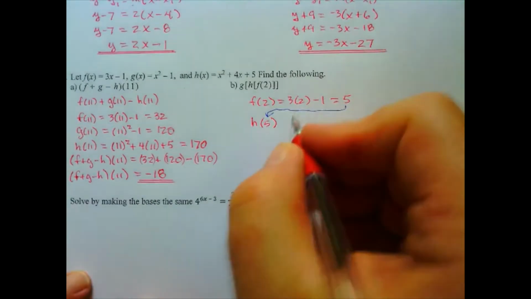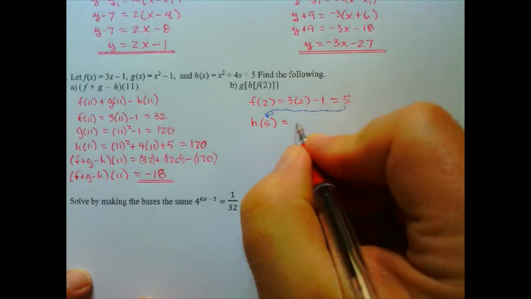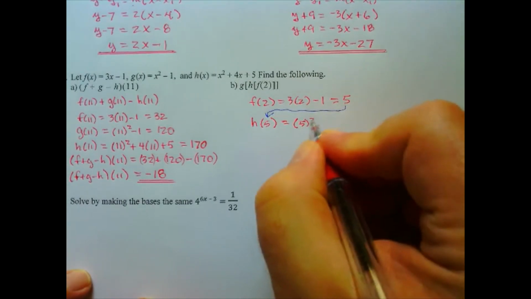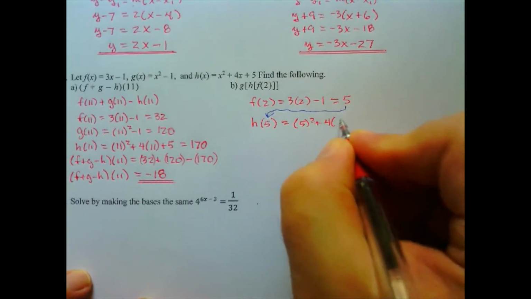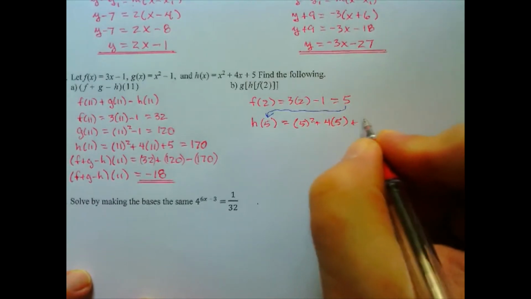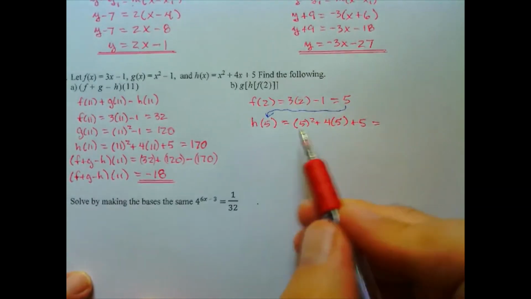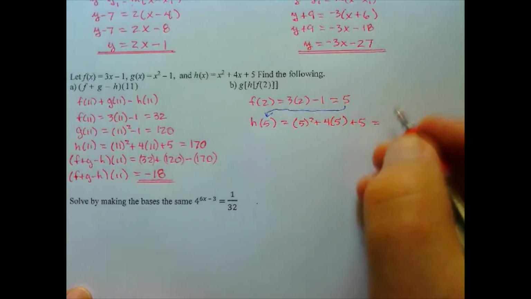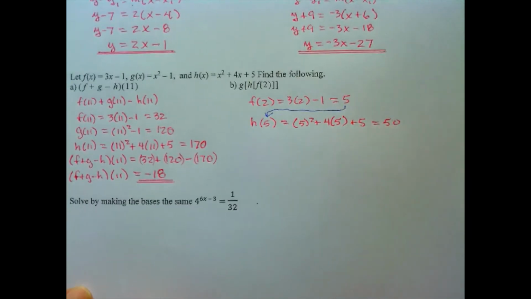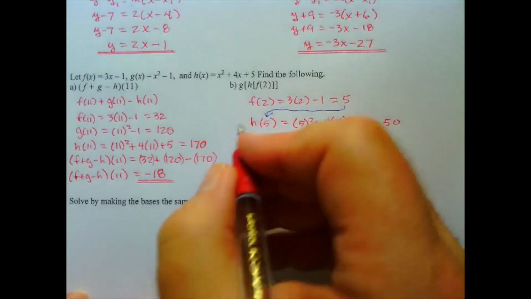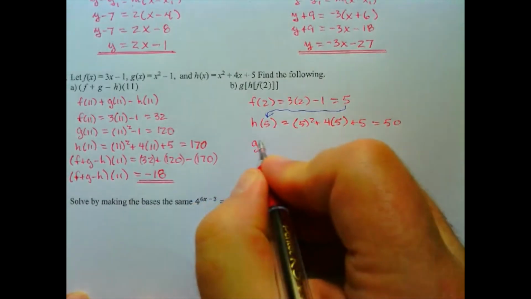So now H of 5, and I'm going to get 5 squared plus 4 times 5 plus 5. 25 and 25, that's 50. And so that then has to go into G.